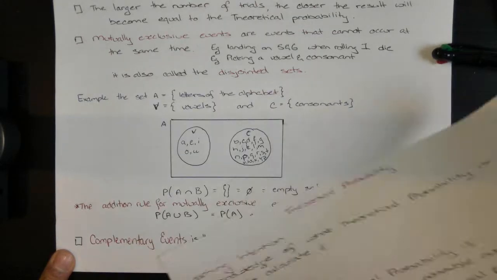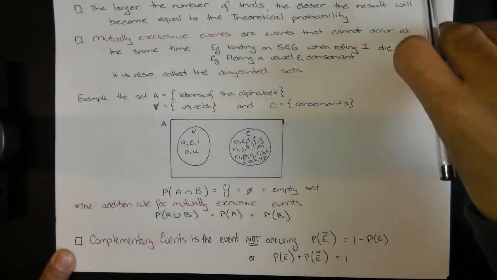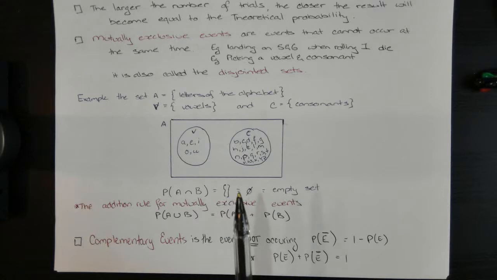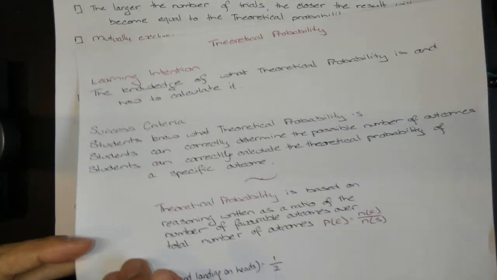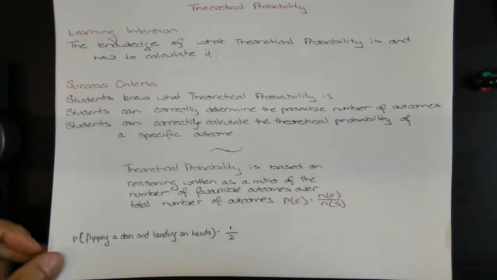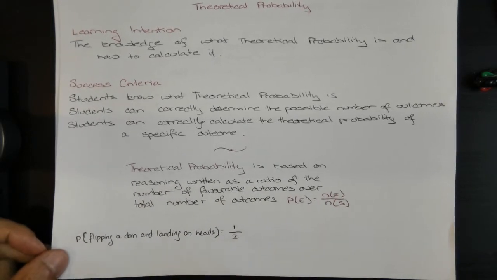Okay. Some things that we need to be aware of. Theoretical probability means that in reality, if I was to flip a coin, I wouldn't necessarily have a chance of 1 in 2. If I did it quite often, I might get a head, then a head, then a head, then I might get a tail and a head.